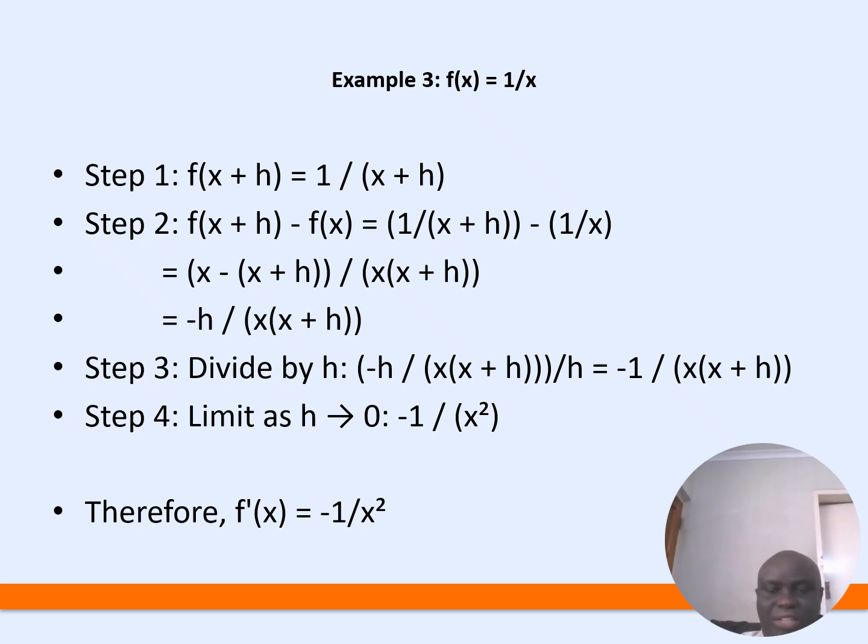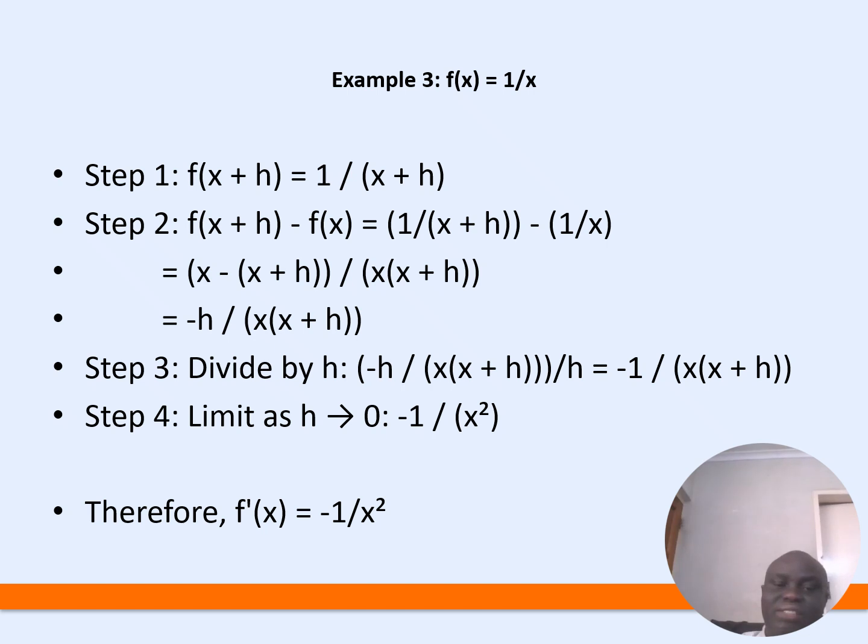After you finalize it, you solve it using the LCM method, then you have x minus x plus h, all over x into bracket x plus h, in which you simplify that, you have minus h all over x into bracket x plus h.